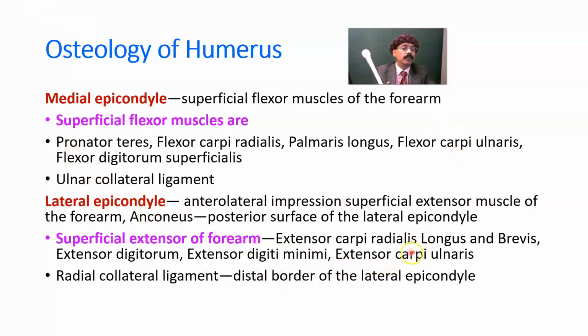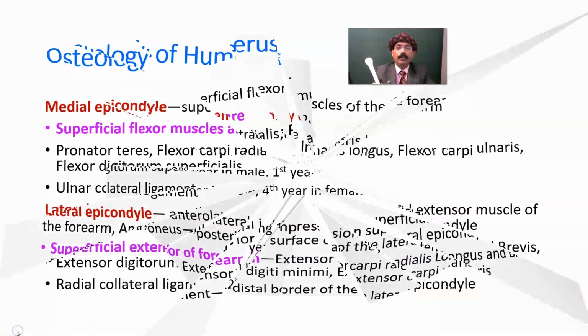They should be innervated mostly by the radial nerve. Okay, so we got the nerve supply of these muscles. Here, the radial collateral ligament, distal border of the lateral epicondyle. We just discussed that part.